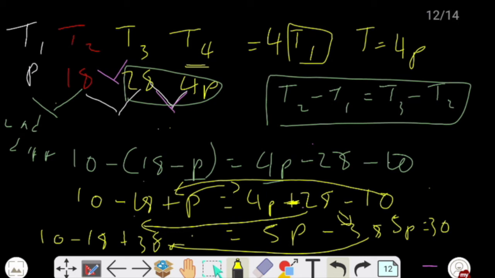Remember, we are looking for P, so you divide by 5, and then your P will equal 10. That's how we find the value for P.